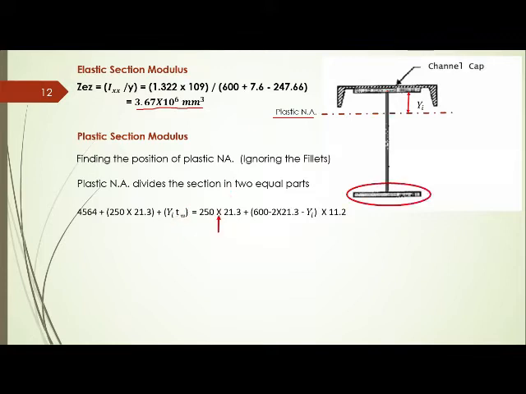So here 15 into 21.3 is the area of the bottom flange, and this is the area of the web of the rest portion.